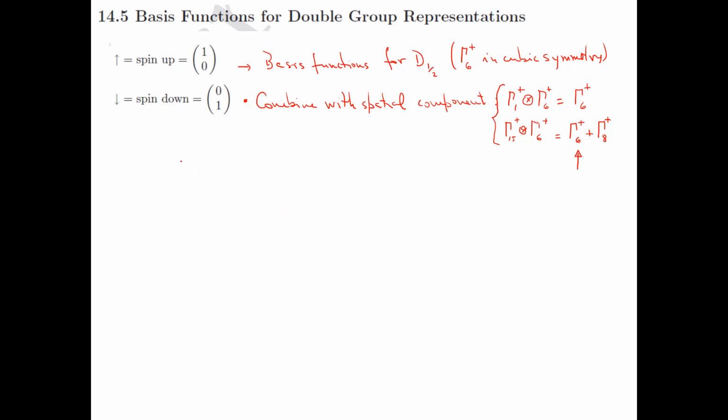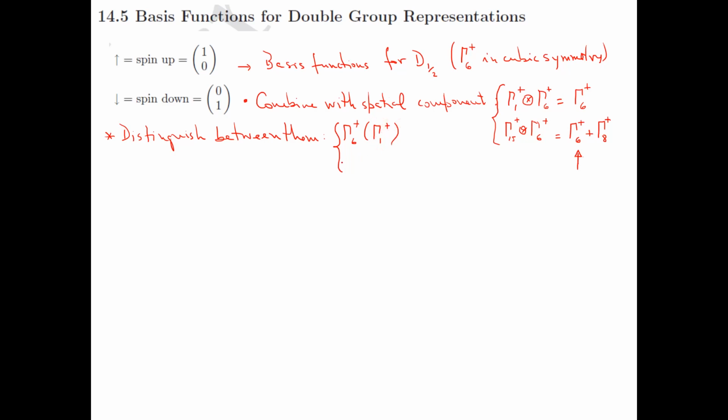So the first thing I want to say is to introduce the notation that the book uses to distinguish between these two gamma 6 plus representations. The notation is gamma 6 plus arising from gamma 1 plus.